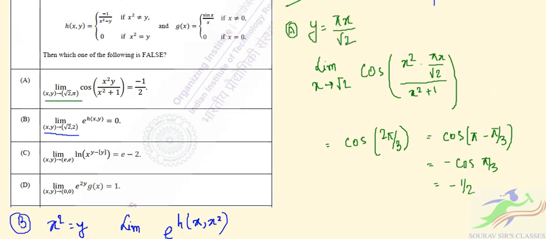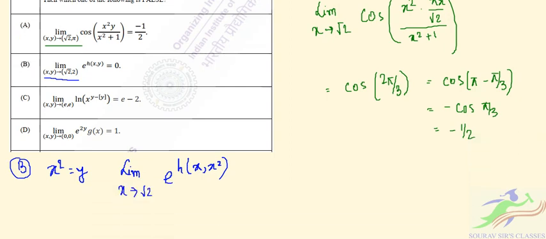So h(x) is given as minus 1 by (x square minus y) for x square not equal to y, and for x square equal to y it is 0. So we can write that the function h is 0 for x square equal to y.